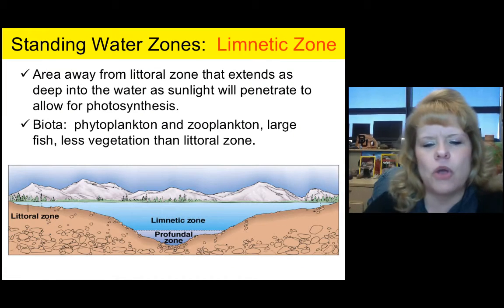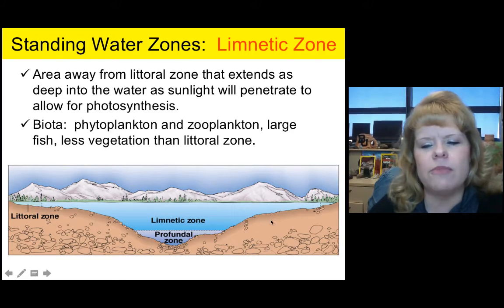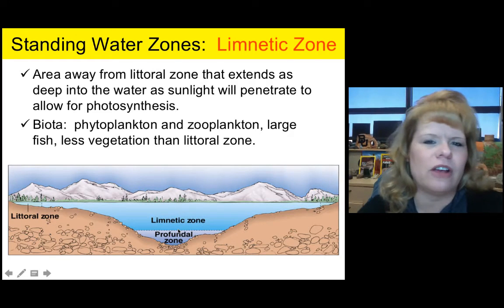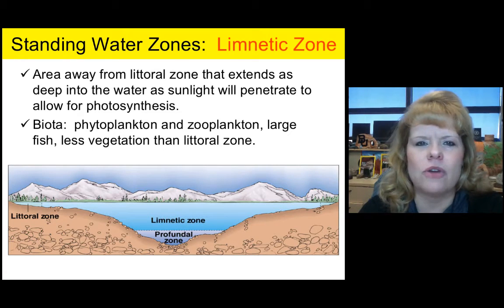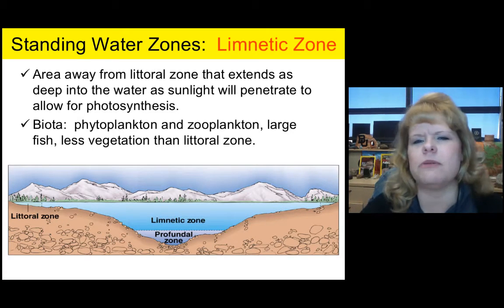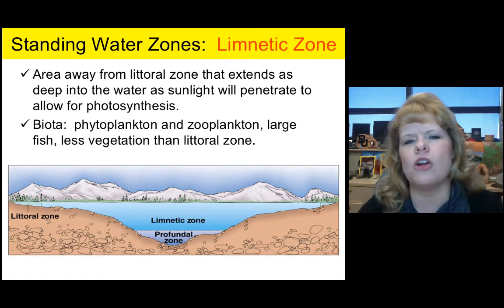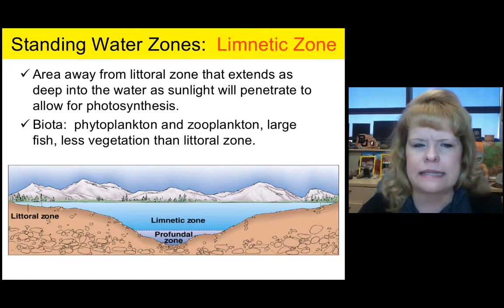The limnetic zone is the section that's away from the edge, and it's the deeper water section of a lake. So you can get sunlight in the limnetic zone until it disappears, and when it disappears, that's an important part of a lake that we'll get to in just a minute.